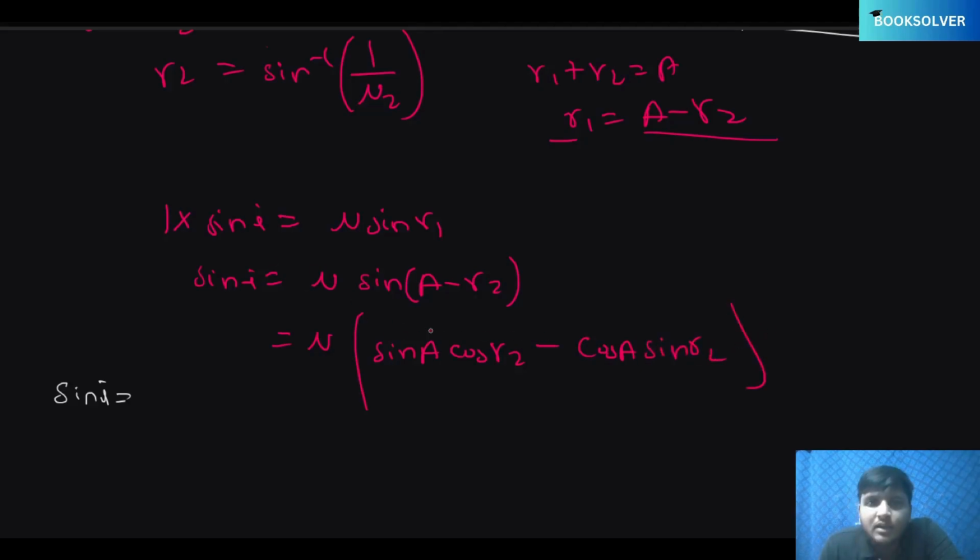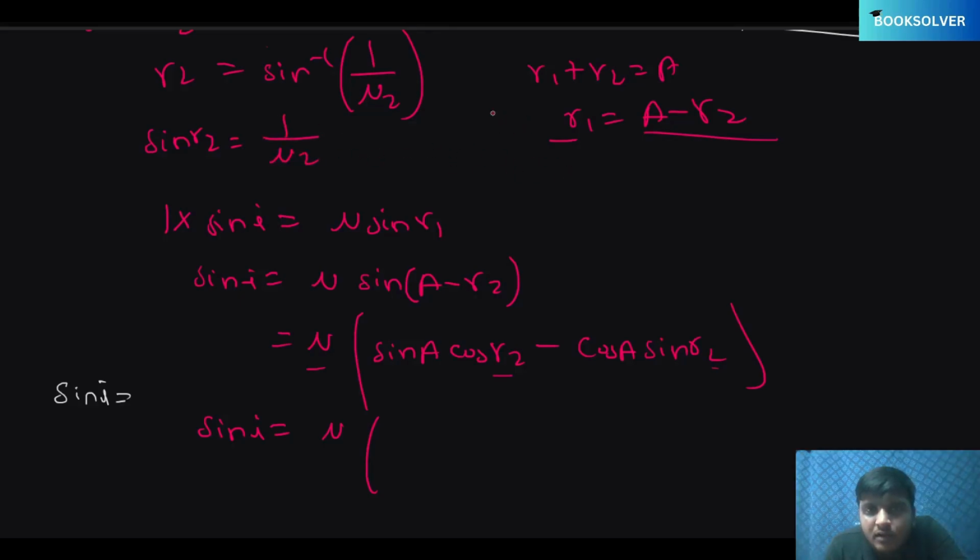Okay. Now, if you look at the question, there are no terms of R2 and mu here. So we need to remove all this by putting the relations that we have found earlier. So we can write sine of I should be equal to mu times, we know what R2 is. Let me write sine of R2 should be equal to 1 by mu.